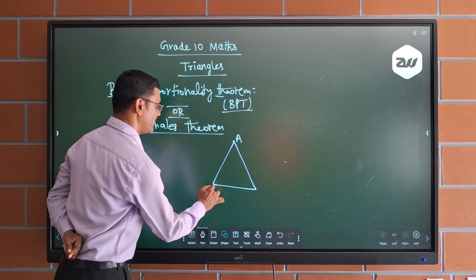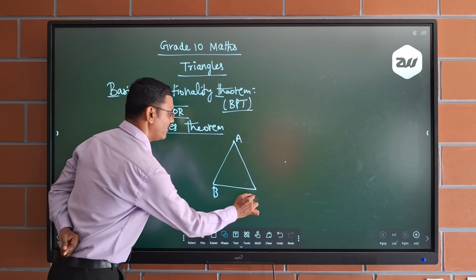In a triangle ABC, if any line is drawn parallel to BC, suppose DE is the line drawn parallel to BC, and it divides the other two sides AB and AC in the same ratio, that means DE divides AB and AC in the ratio AD by BD is equal to AE by EC.